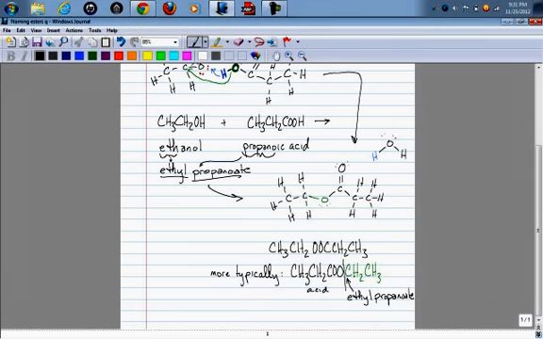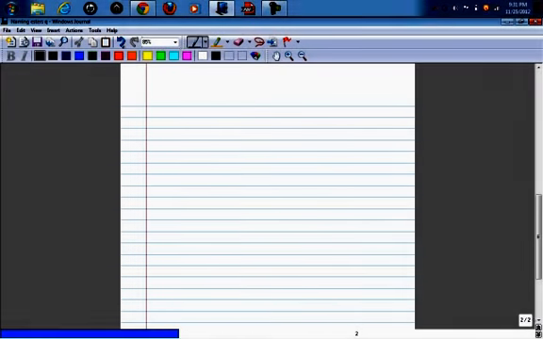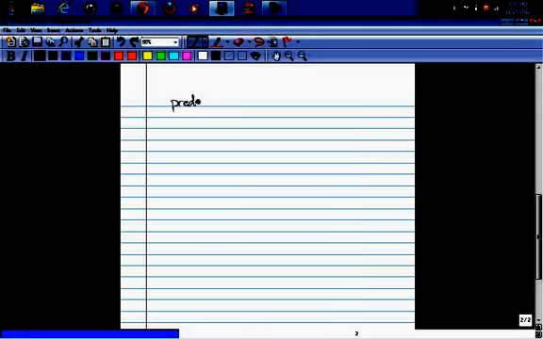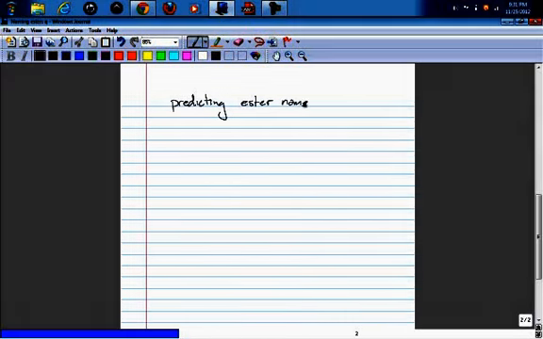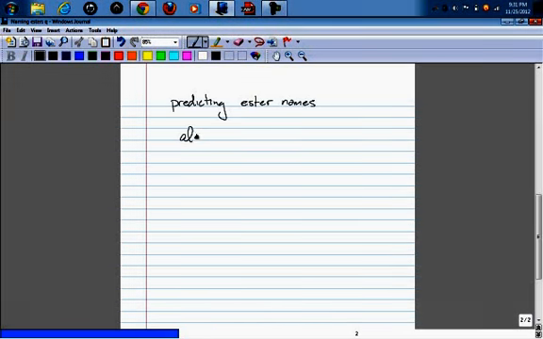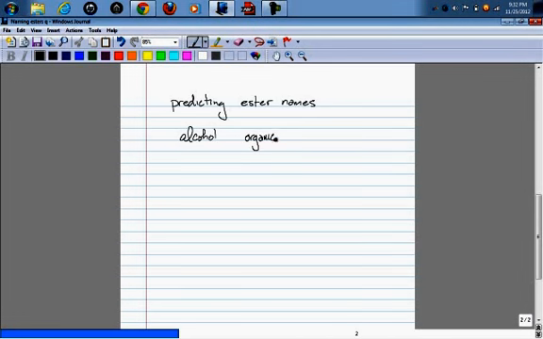Once you get the hang of this, drawing out the mechanism, then you could just do a rapid-fire drill on naming or predicting the names of esters as follows. Just line up the alcohol and the organic acid, and then you can quickly get the ester name.